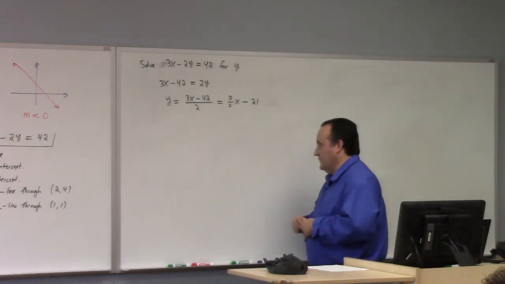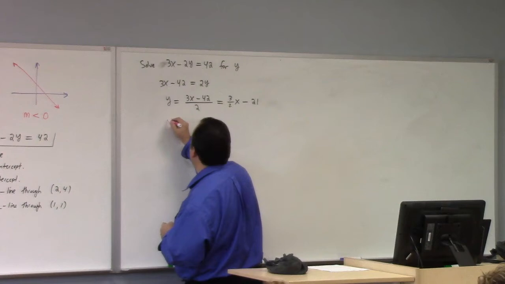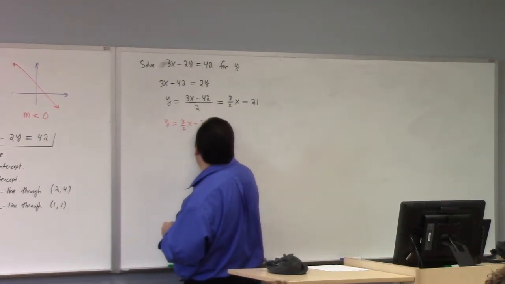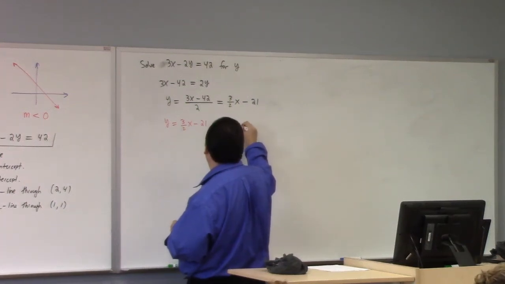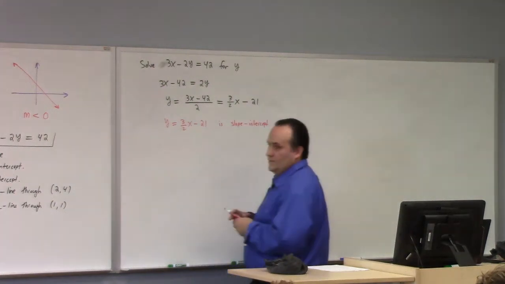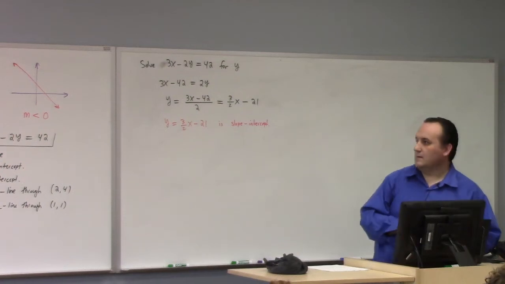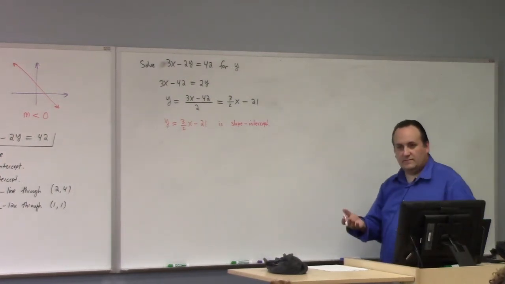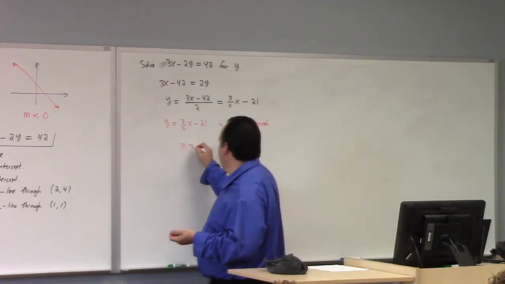So what have we done? We now have y equals 3/2 x minus 21, which is the slope-intercept form, right? And so now you can read what m equals. 3/2, right?